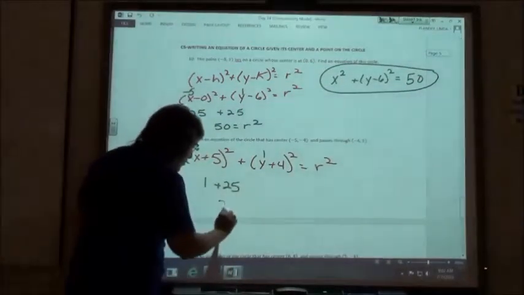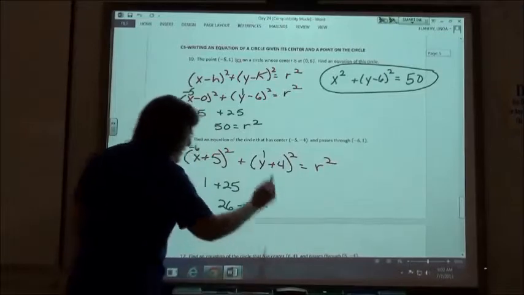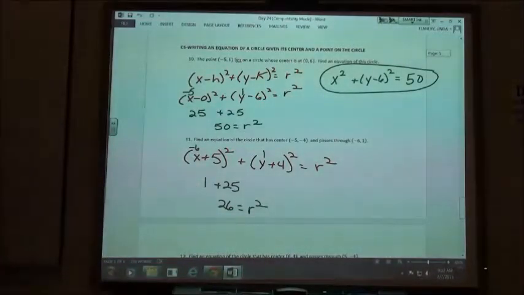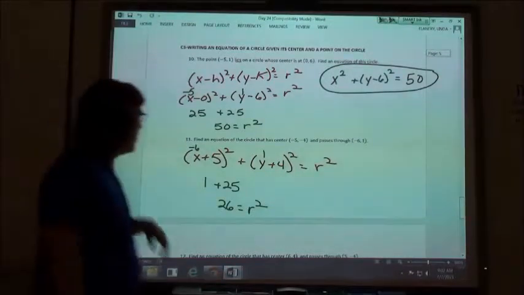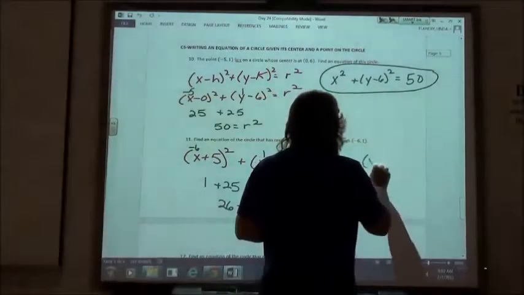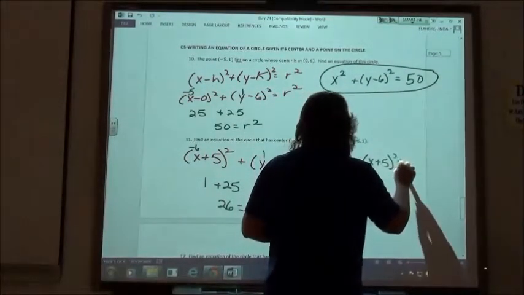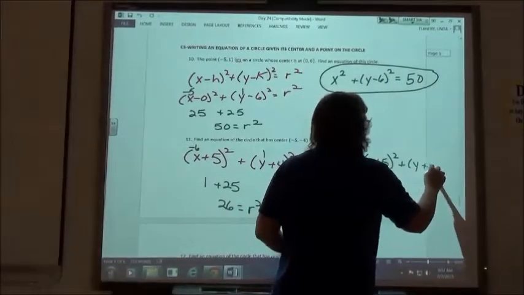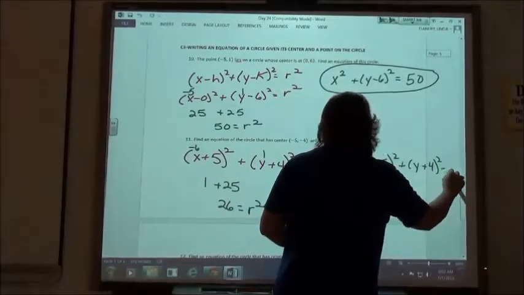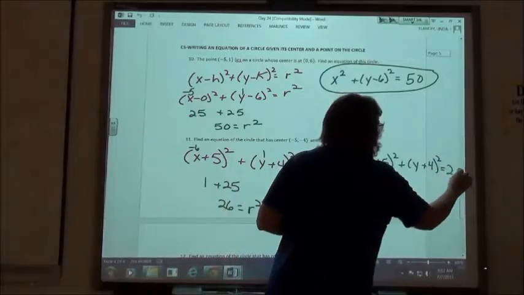And so 1 plus 25 gives us 26 for the value of r². So the equation of our circle is (x + 5)² + (y + 4)² = 26.